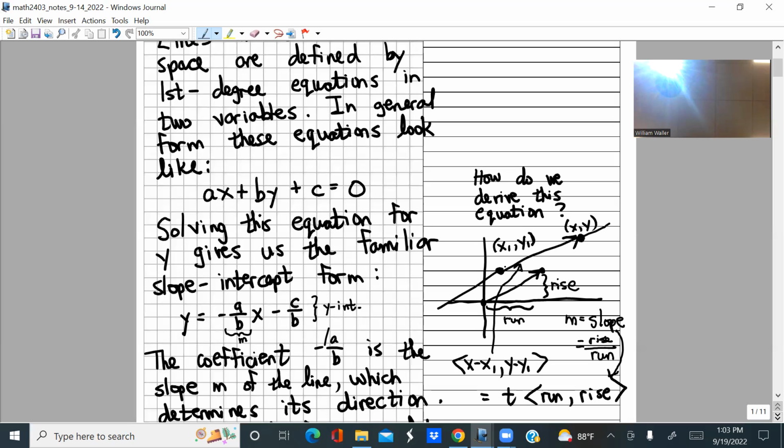What do you know about that vector? That vector has to be parallel to what? The slope vector. It has to be parallel to the slope vector. That's the key thing.